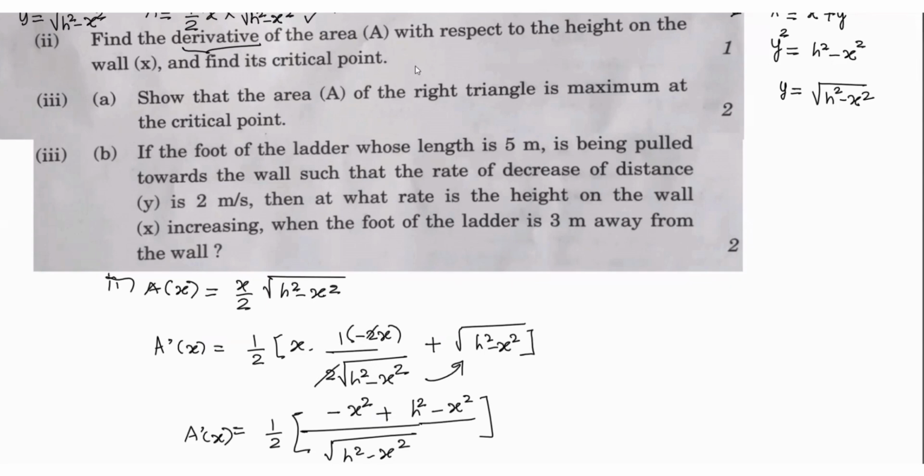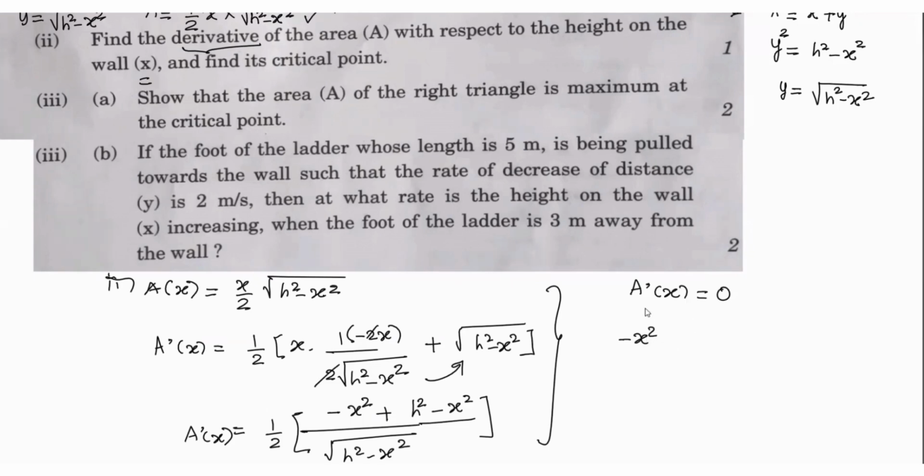Now, differentiate with respect to the height on the wall, which is x, and find its critical point. This is only one part of the question. We need to also find the critical point, which means we need to equate A dash of x to 0. So the half will be gone, the root also will be gone.